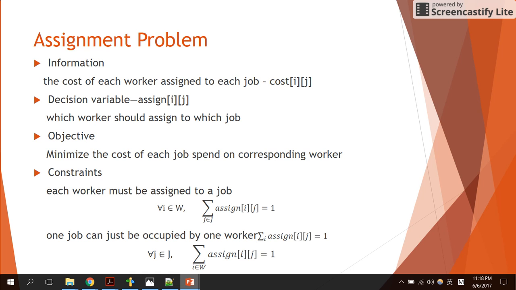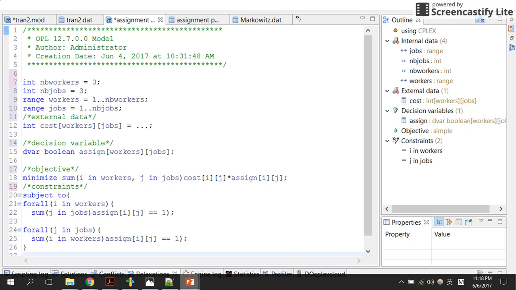Thus far, we can transform what we analyzed into the programming language in CPLEX. As you can see, this is the CPLEX interface. First, we define the number of workers and the number of jobs, and define the cost of each worker assigned to each job.